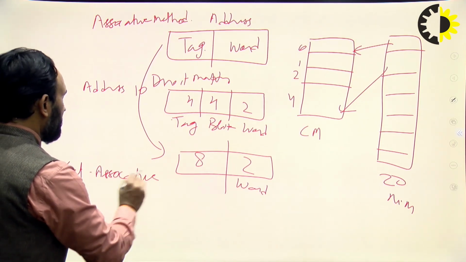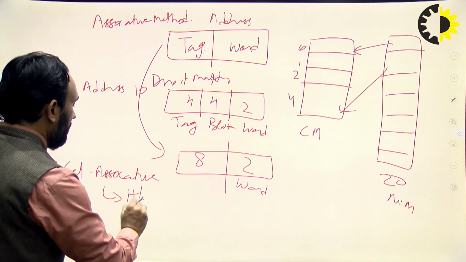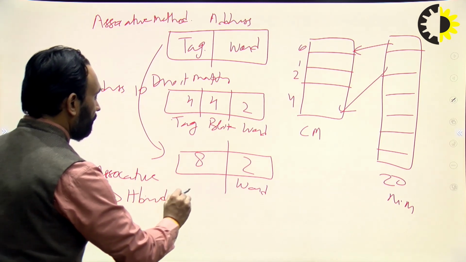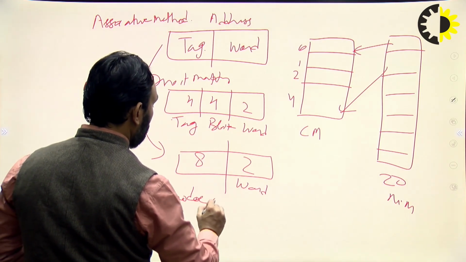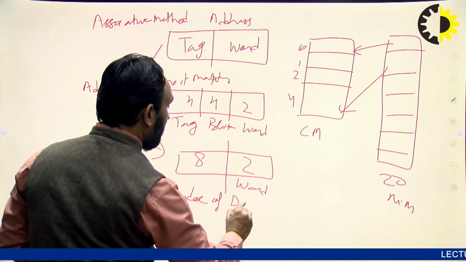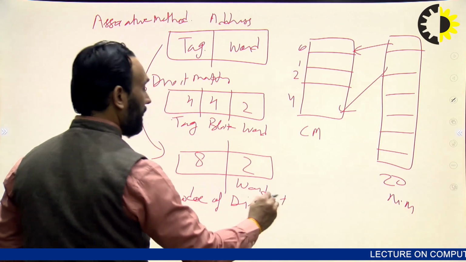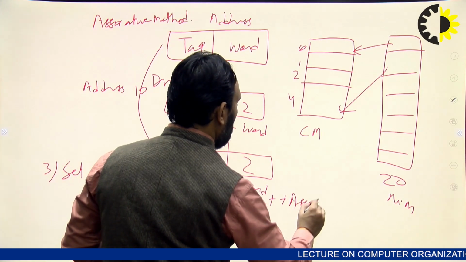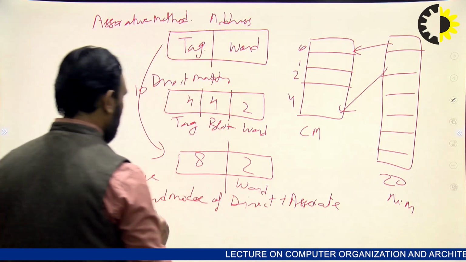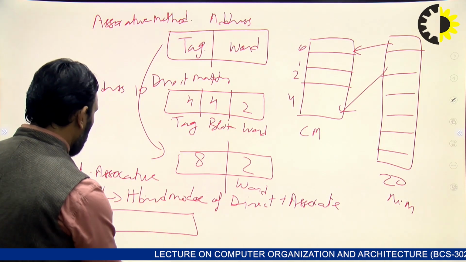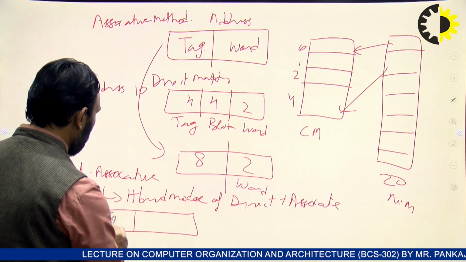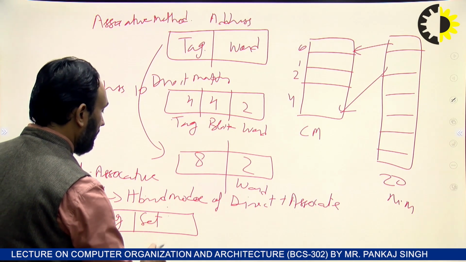Set associative is nothing but a hybrid mode of direct plus associative. In this, the address is divided into three parts: tag, set and word.